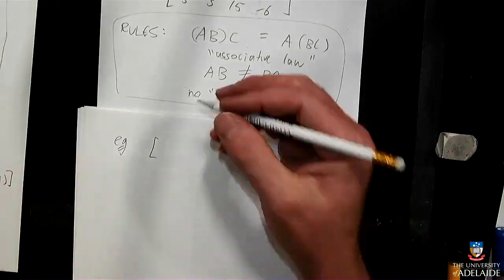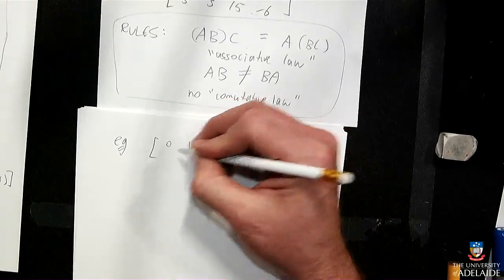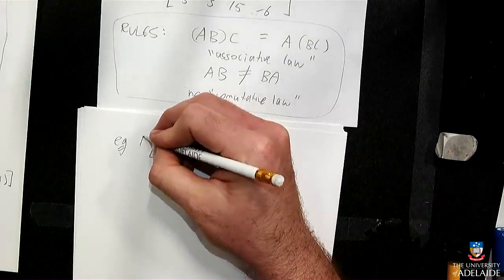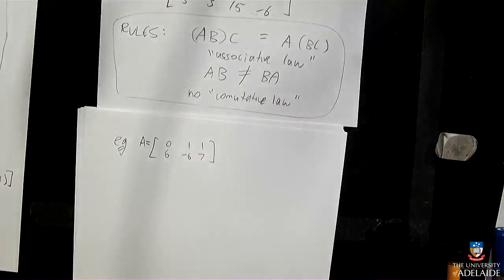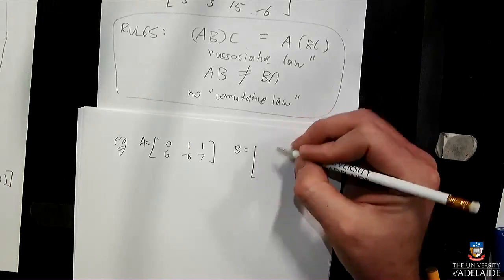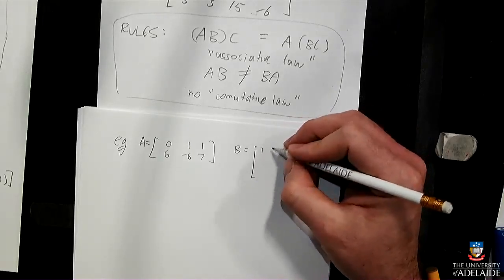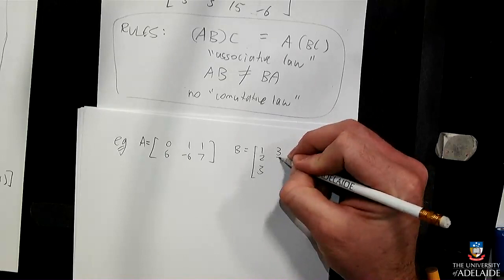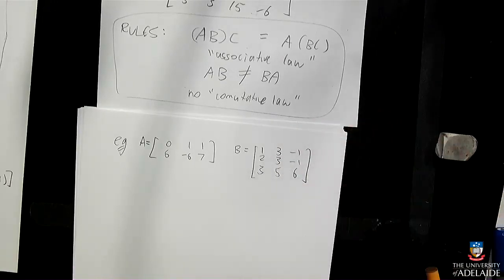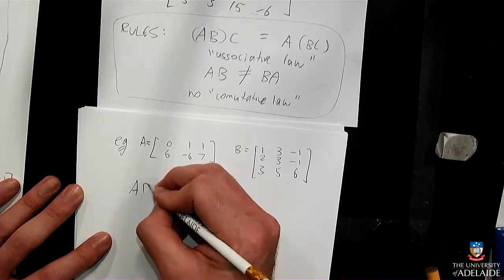So for a start, let me pick some matrices. I'm going to call this one A. I'm going to call this one B. So A times B is totally possible.